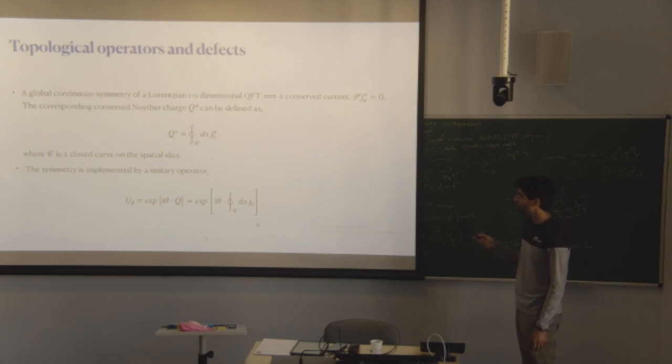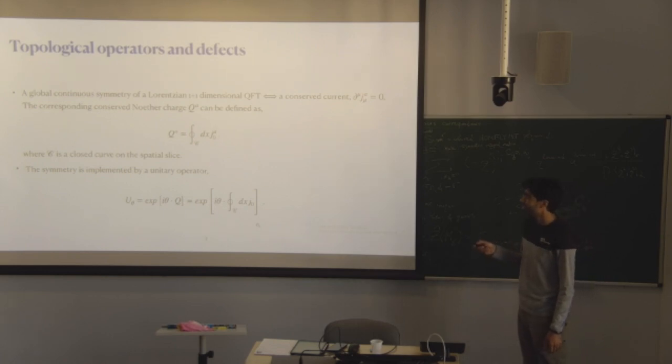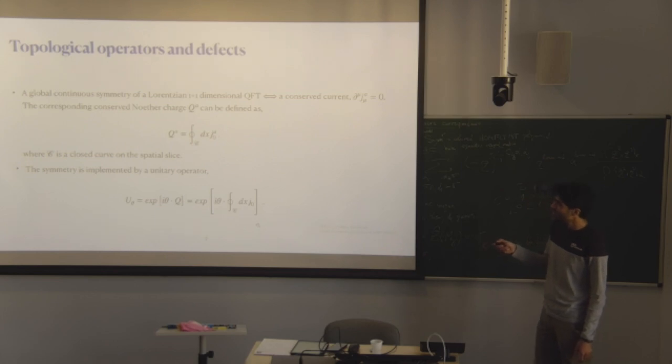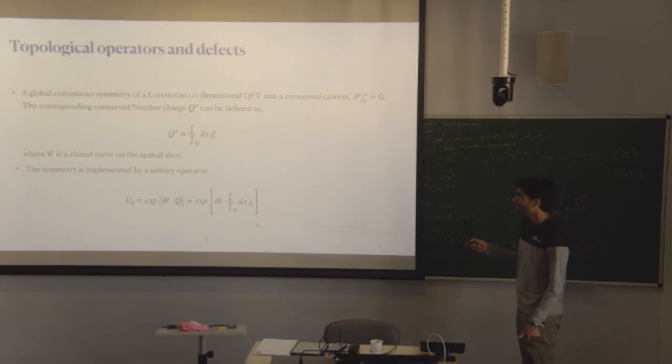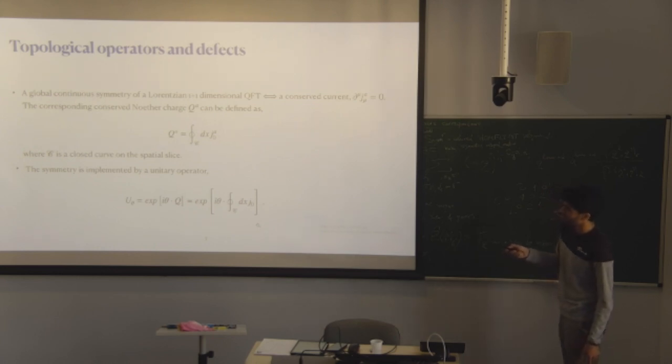If you have a 1+1D QFT with a global continuous symmetry, then you have a conserved current J^μ with some internal index A, and Noether charges Q_A, which are defined as the integral of J^0, the time component, over a closed spatial slice. This generator of symmetry is used to write the symmetry operator U(θ), which is part of the group, the global continuous symmetry of the QFT.